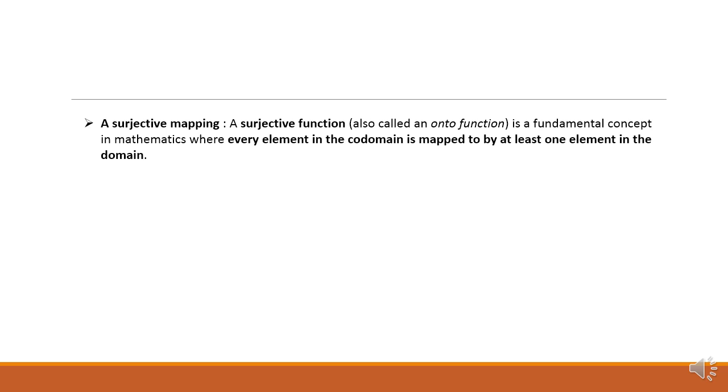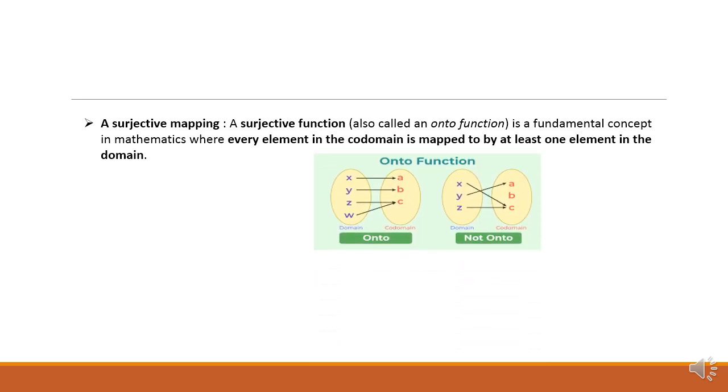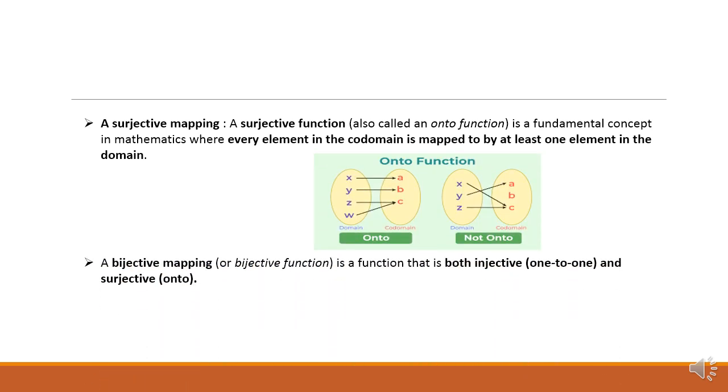Surjective if every element in the codomain is mapped to by at least one element in the domain, and bijective if it is both injective and surjective.